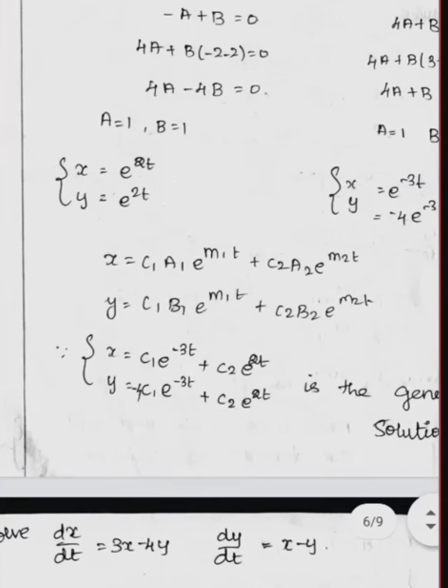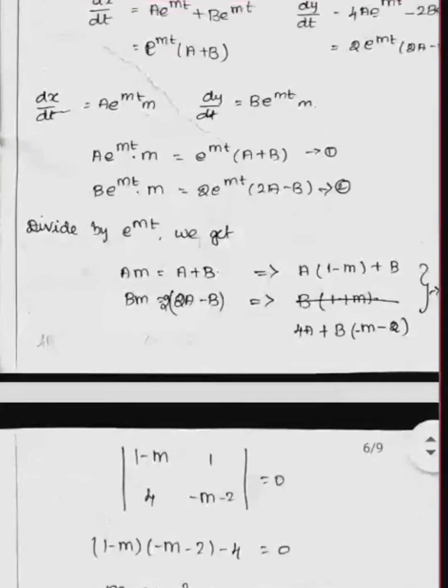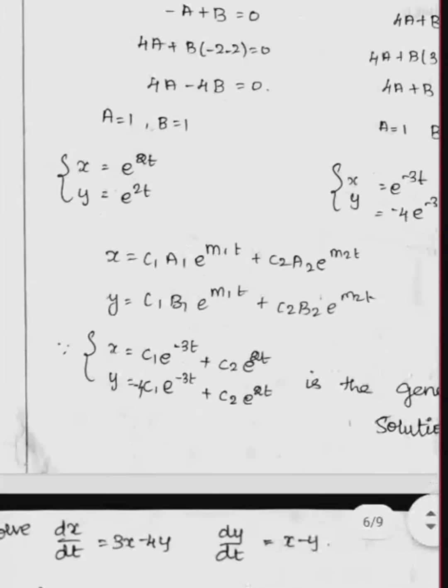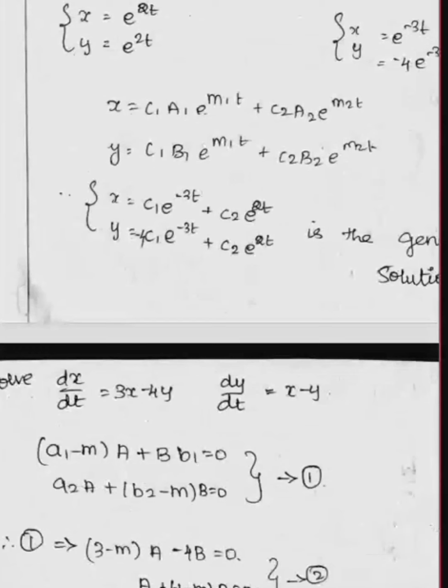So you are substituting the dx by dt value, that is a into m into e to the power mt, on the left hand side of the equation, and similarly dy by dt is b into e to the power mt into m. On the right hand side you have 3a into e to the power mt minus 4 into b e to the power mt, and similarly on the second equation.